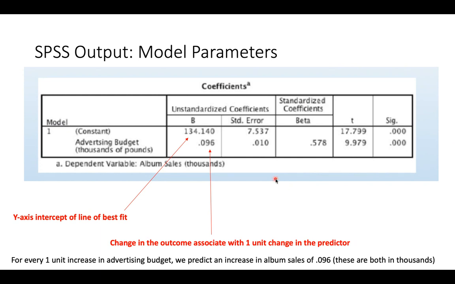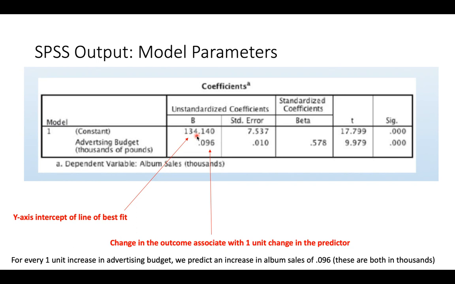What you need to worry about are what are called our unstandardized beta coefficients. The line that says constant is our y-intercept. So what this tells us is that we would sell 134,000 albums if we had 0 advertising budget. That's what the line predicts.